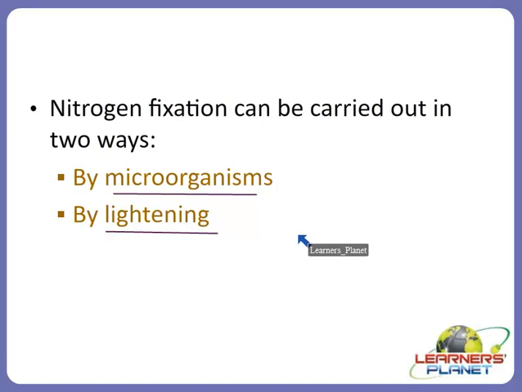So before we switch to microorganisms, because the topic is actually related to microorganisms only, let us understand briefly how this physical process is performed. Normally, during the rainy season, sparks are generated, due to which some energy is released, right? So what will happen to the energy? You know the rule, energy cannot be created, it cannot be destroyed.